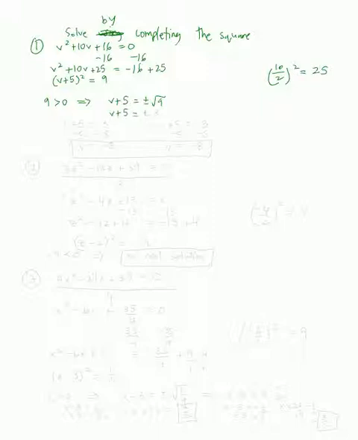If I simplify the right, this is plus or minus 3. Finally, I get v plus 5 equals 3, and v plus 5 equals negative 3, because that's what plus or minus means. And I get v is negative 2, v is negative 8. So these are my two solutions. They're fully simplified as much as possible.